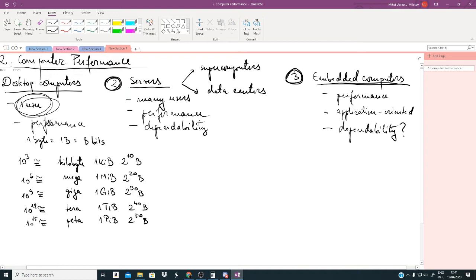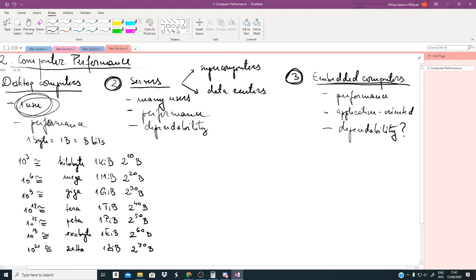And then we have exa, and then we have zetta, zettabyte. And 1 zettabyte is 2 to the power of 70 bytes, which in decimal would be 10 to the power of 21.